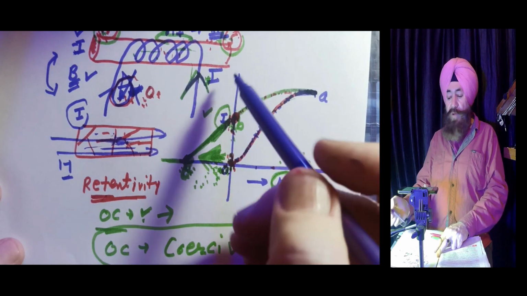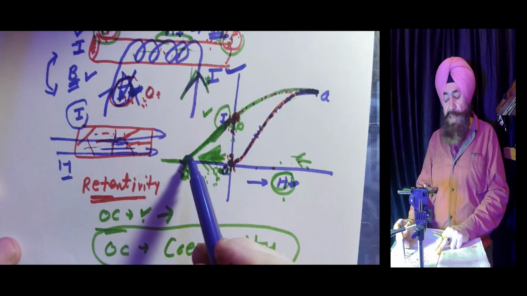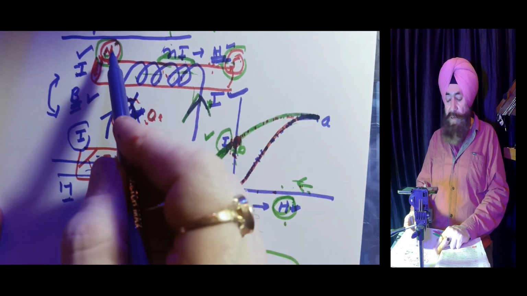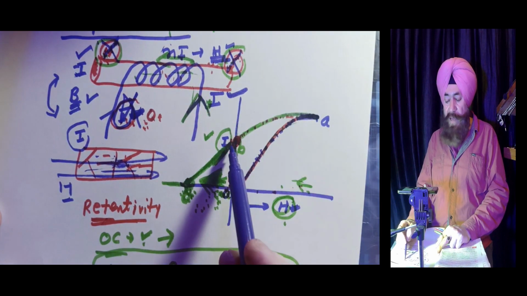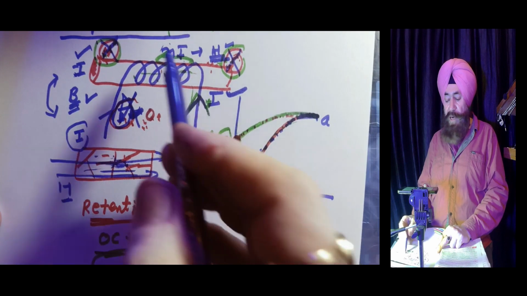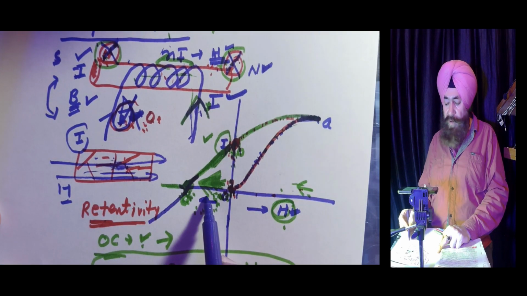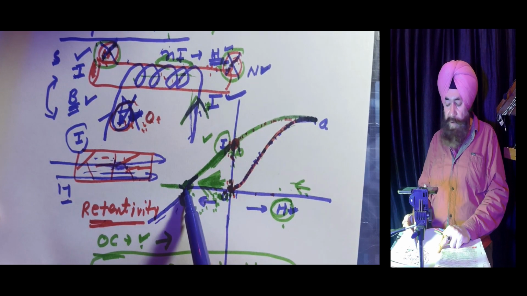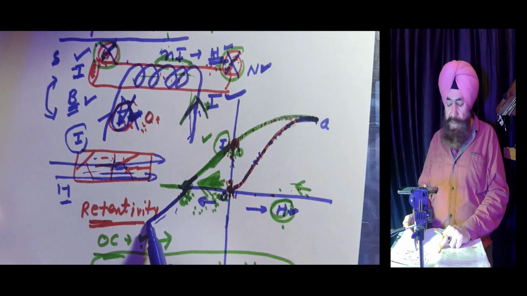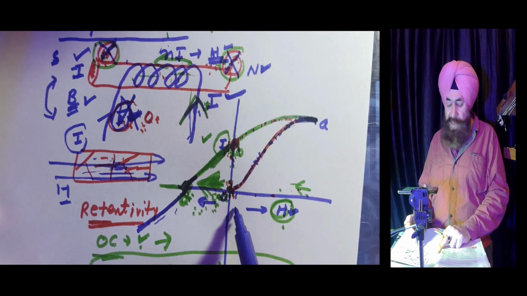Now we go on increasing H further. Now what happened? There is no N and no S because retentivity is 0 now. You are going along this side, meaning you are increasing the value of H and I will start increasing.